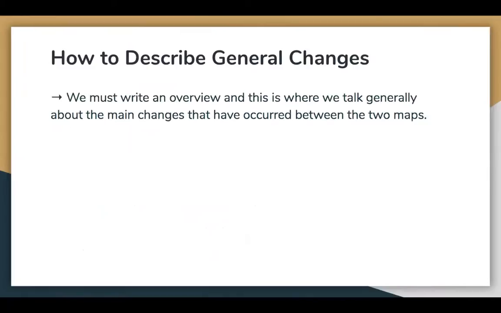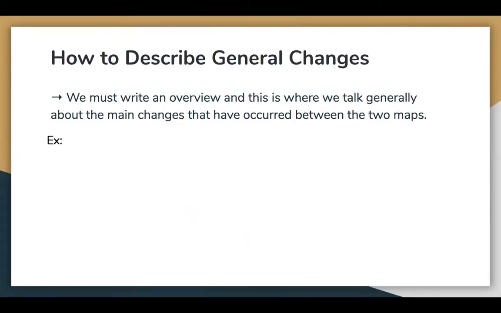Next is how to describe general changes. In IELTS writing task 1 map questions, we must write an overview, and this is where we talk generally about the main changes that have occurred between two maps. Okay.